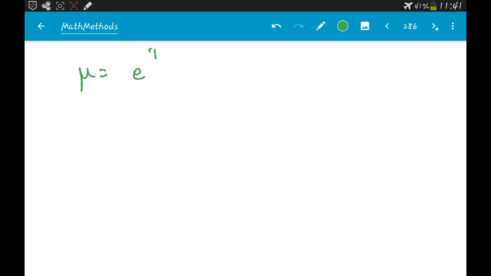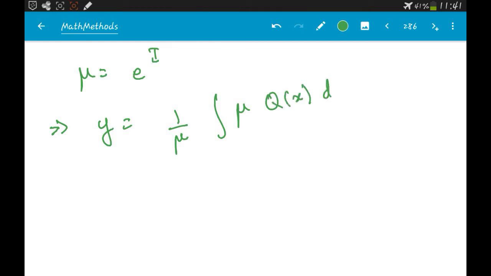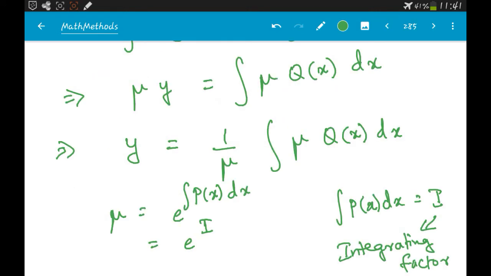So mu is e power I, and we were getting y is equal to 1 by mu integral of mu q of x dx. In fact, there should be an integration constant here, so you will also get c by mu.